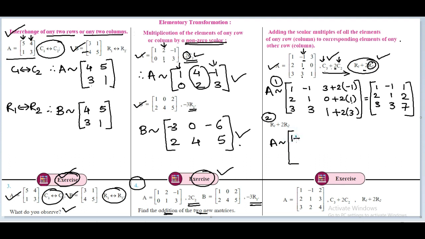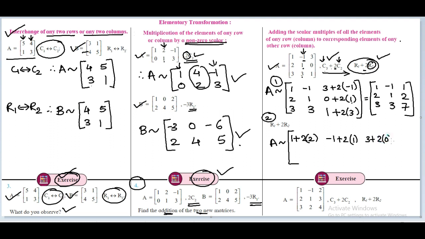Plus 2 into, what is the first element of row 2? That is 2. What is the second element of row 1? That is -1 plus 2 into, what is the second element of row 2? That is 1. What is the third element of row 1? That is 3 plus 2 into, what is the third element of row 2?